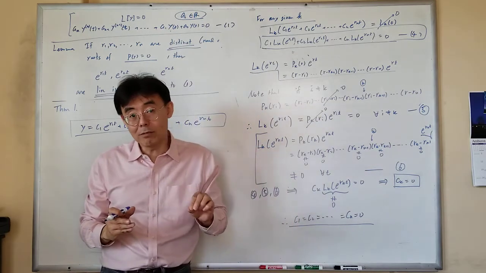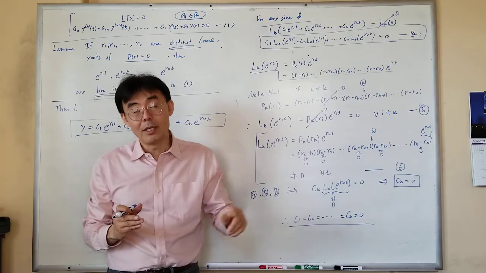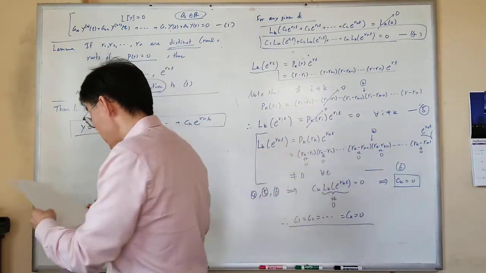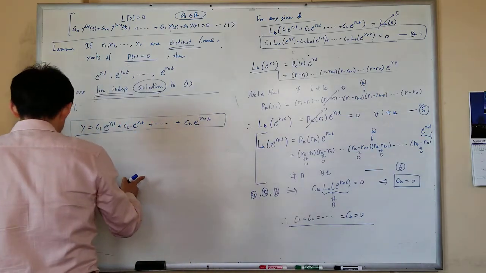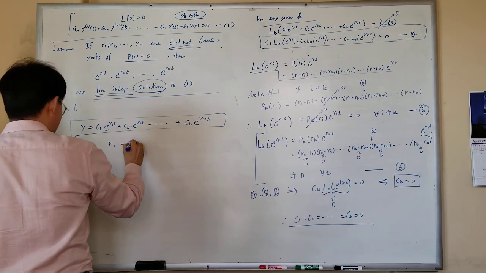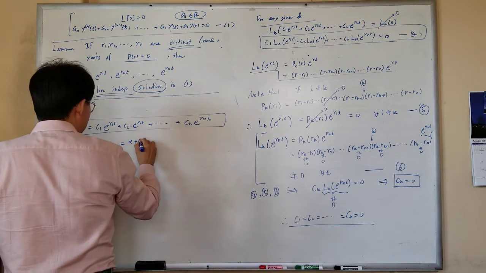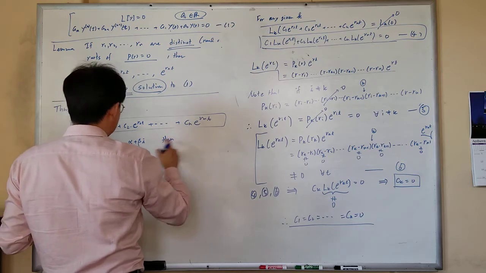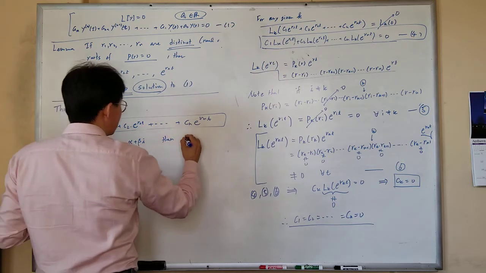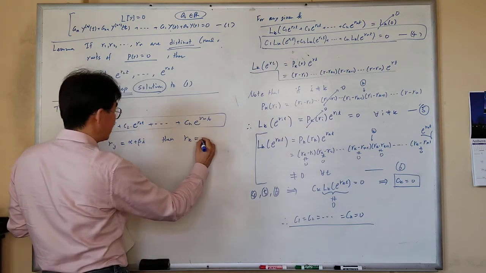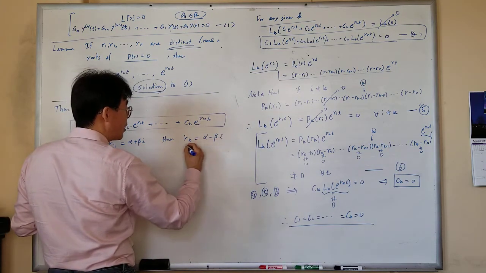So if 2 plus 3i is a root, then 2 minus 3i is also a root. So if one of them, let's say r equals alpha plus beta i, then there is some other one, let's say r_j, r_k, that will be the complex conjugate.